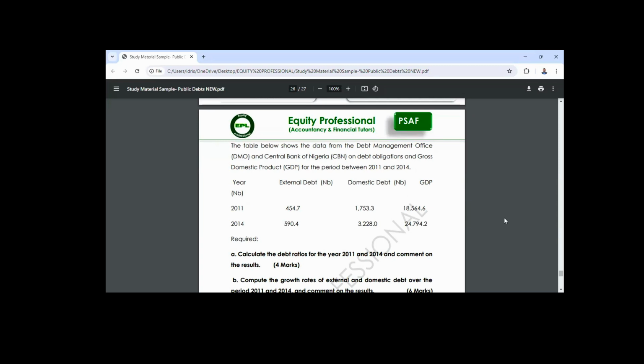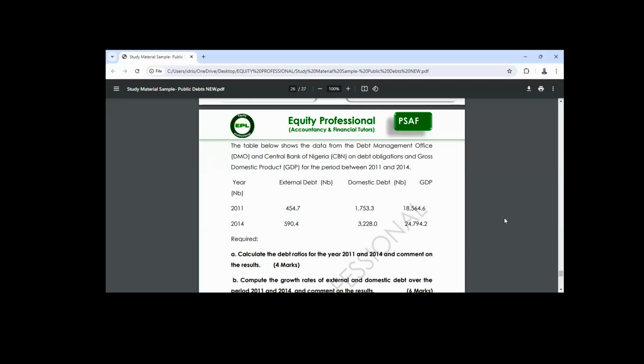Required: calculate the debt ratio for the year 2011 and 2014 and comment on the results.